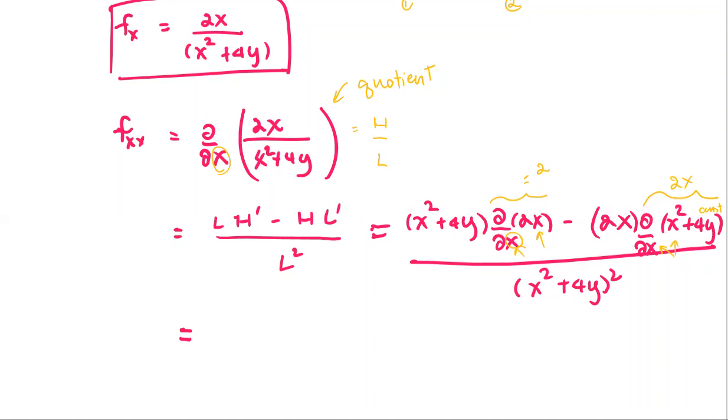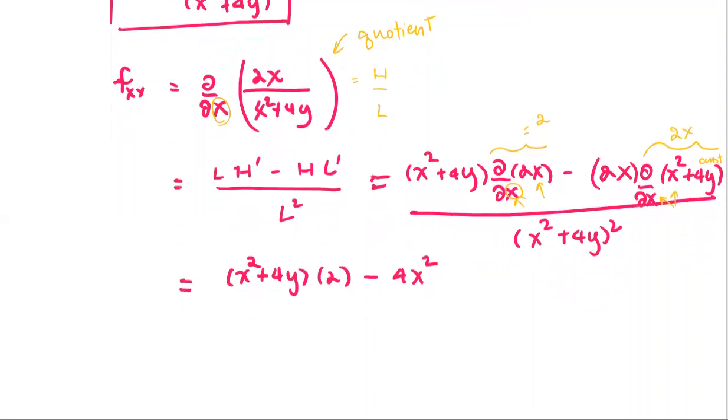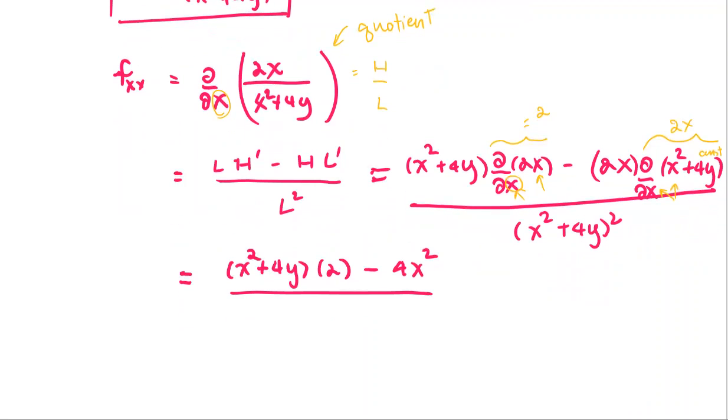That means for fxx, the numerator becomes the quantity x squared plus 4y times 2 minus 2x times 2x, so that is 4x squared, all divided by the quantity x squared plus 4y squared.